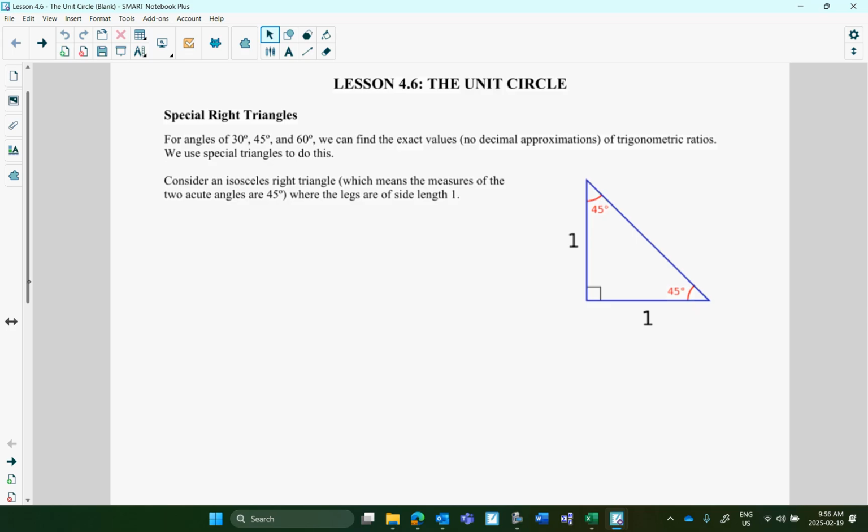If you make a right triangle with one of the angles 45 degrees, why does the other one have to be 45 degrees too? They need to add up to 180, right? If this is 45 degrees and it's a right angle, one of the others must be 90. 90 and 45 is 135, which means the other angle must be 45. So whenever you make a right triangle with one of the angles 45, the other angle is going to be 45 automatically.